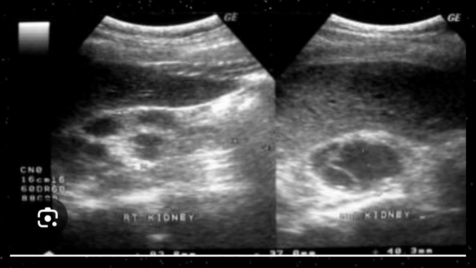In this case you can appreciate that the kidney sizes are small and there are multiple developing cysts. Its GFR was reduced, and its creatinine and urea were high. So that's why they were labeled as chronic kidney disease with multiple cysts within it.